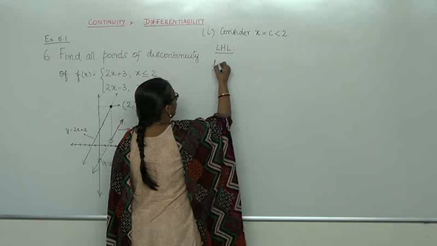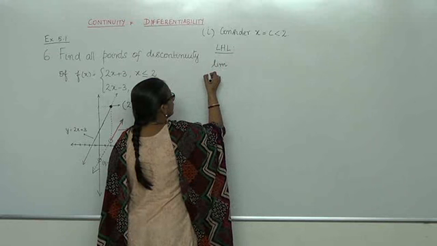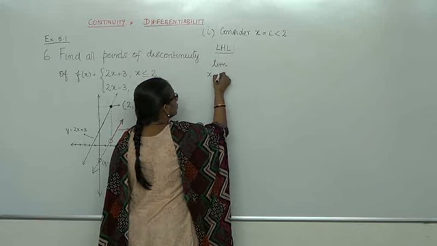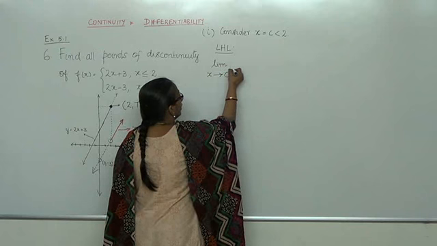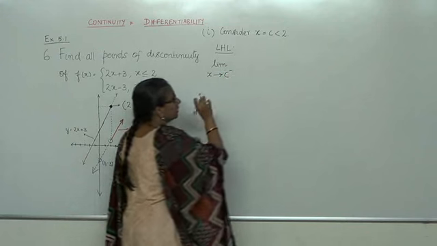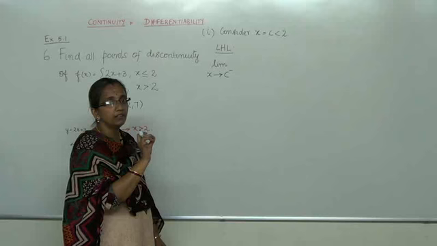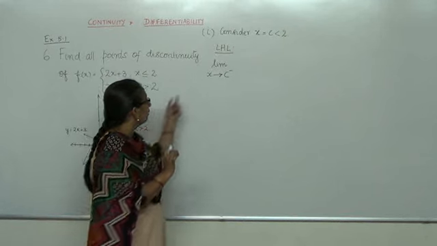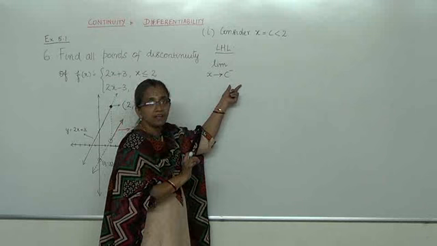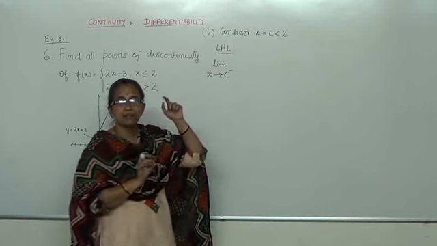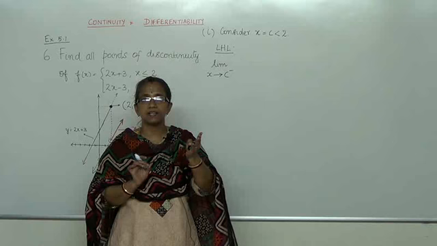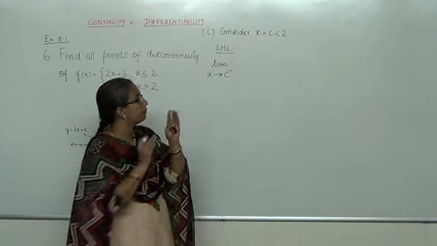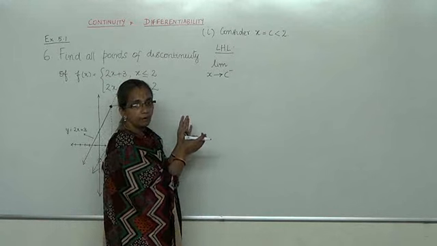Left hand limit is limit as x tends to c minus, where c is a number which is less than 2. In our case, we will assume an example of 1.5. So x tends to c minus means it is a number in our example which is very close to 1.5 but to the left of 1.5.